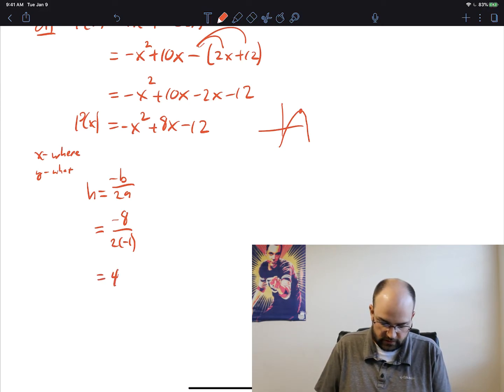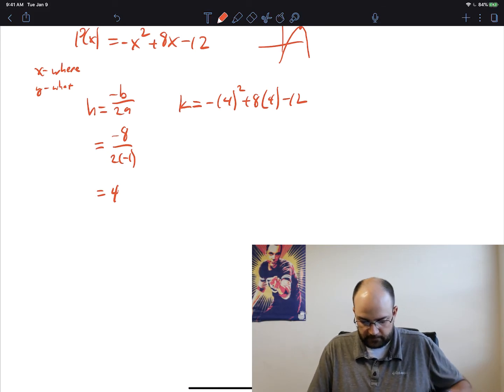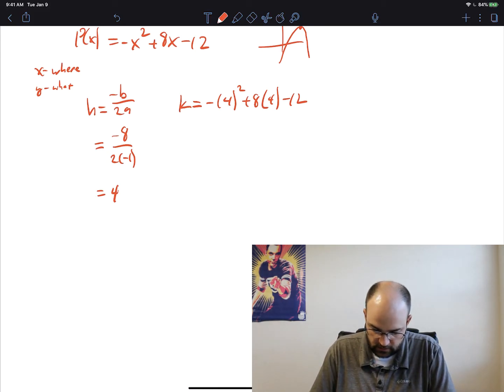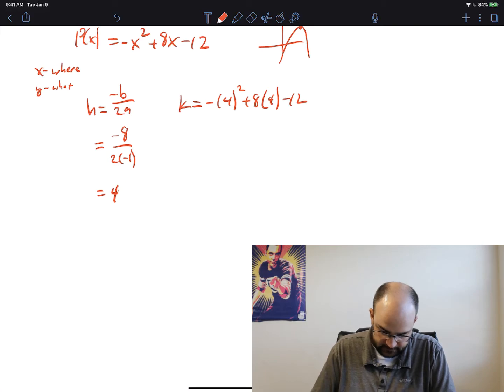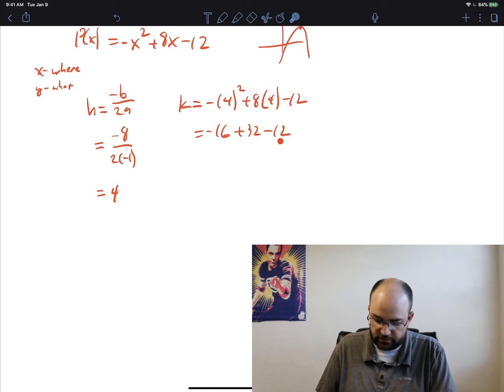And the k value, if you plug that in, that gives you negative 4 squared plus 8 times 4 minus 12. And then simplify. Negative 16 plus 32 minus 12. 32 minus 12 is 20. 20 minus 16 is 4.